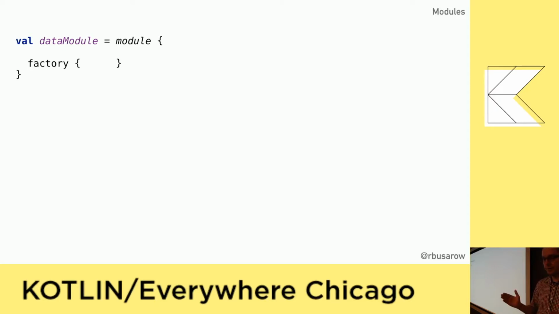Factory is another function which takes another lambda. And every single time you request a dependency, it's going to invoke that lambda again and create a new instance. So let's put something in it. Let's put the repository, which is currently a no-arg constructor.